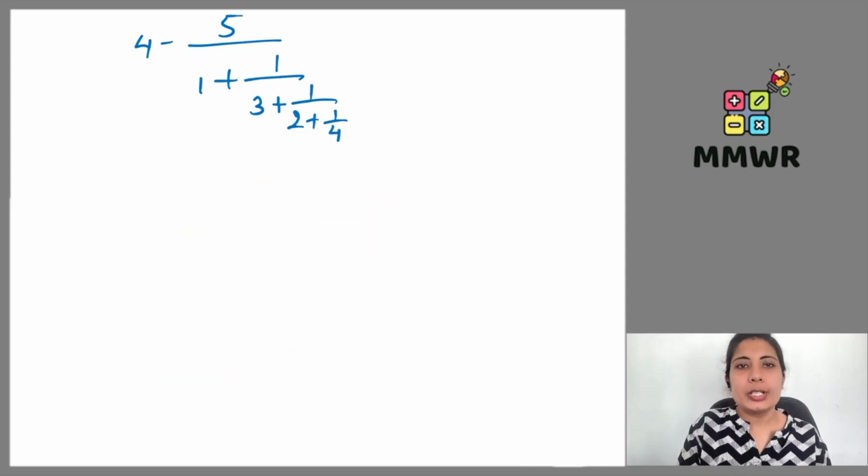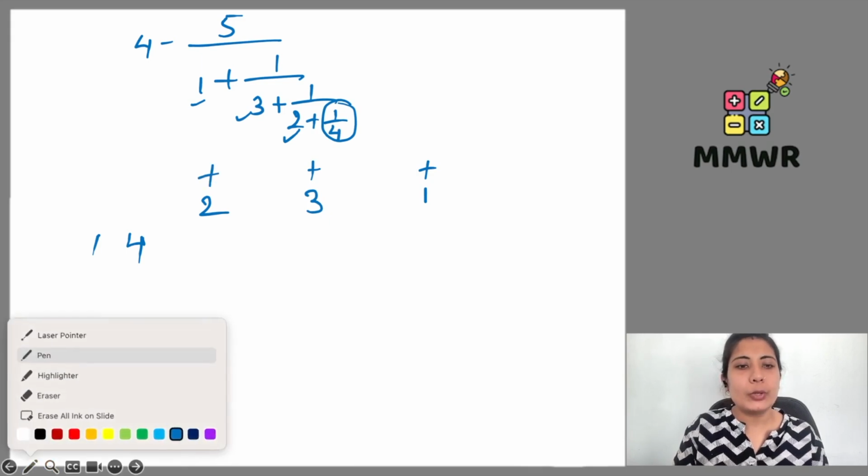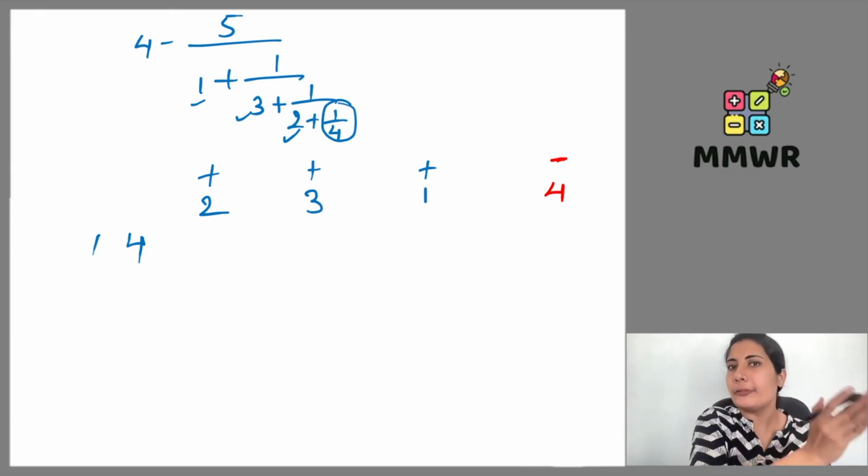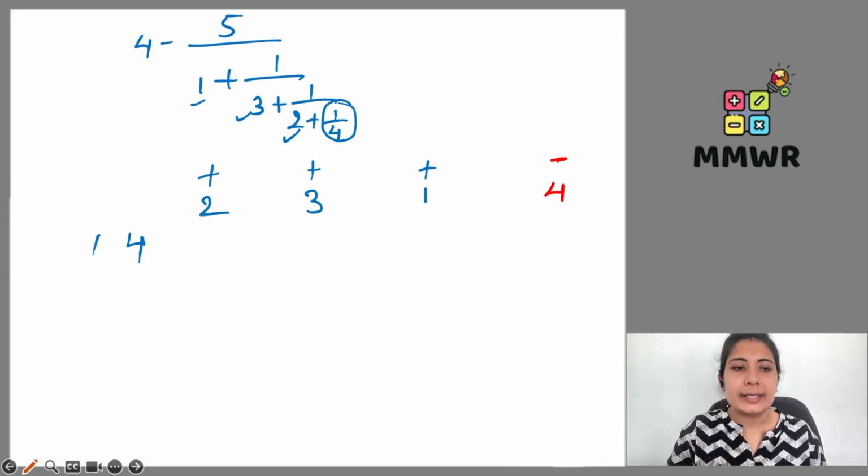So first we will be writing this 1 upon 4 like this. Then this 2, 3, 1 which is coming with the plus sign. Only this 4 is coming with this minus sign, so I am writing it separately. At the end, of course, it will come. मैं सबको sequence पे ही लिख रही हूँ. 2, then 3, then 1 and then 4 with whatever the sign they have.